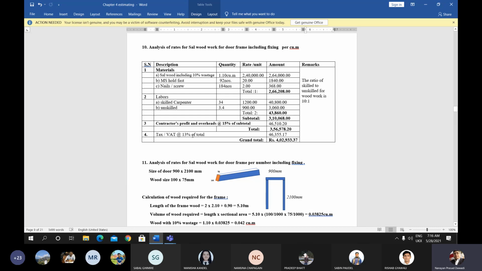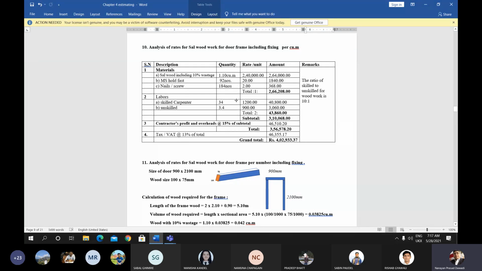That's why unskilled manpower is less useful in the wooden work. So the number of unskilled manpower is very low compared to the skilled manpower. So for 1 cubic meter of wooden work to make the 23 numbers of the frame, 34 numbers of skilled manpower are required, and 3.4 numbers of unskilled manpower are required, 10% of the skilled manpower.